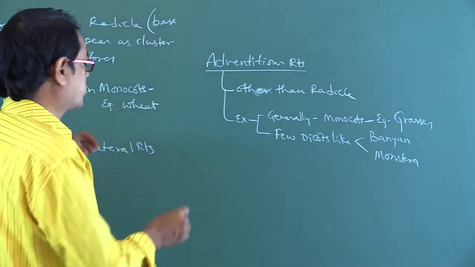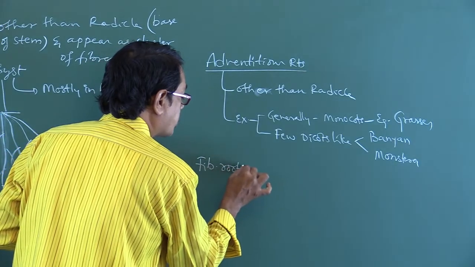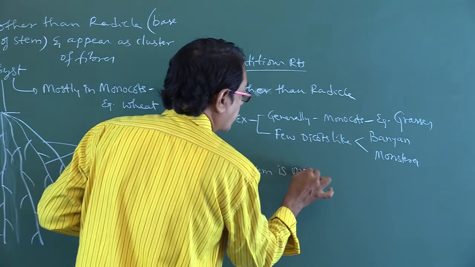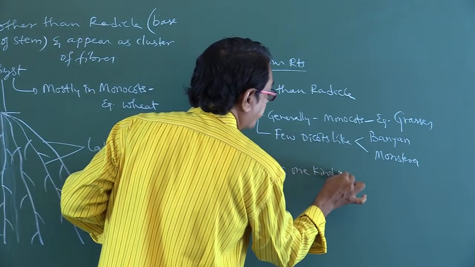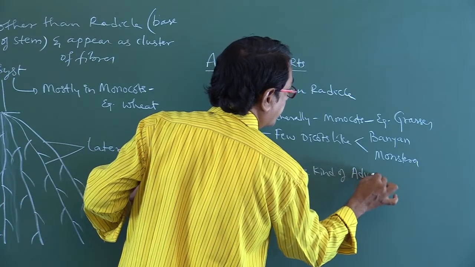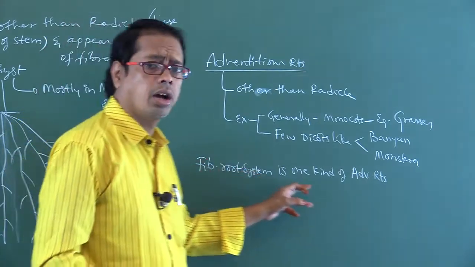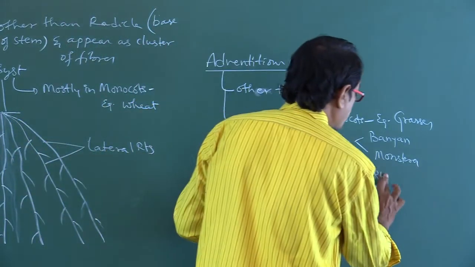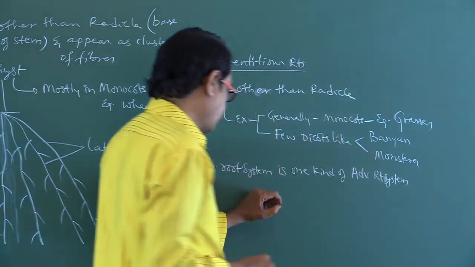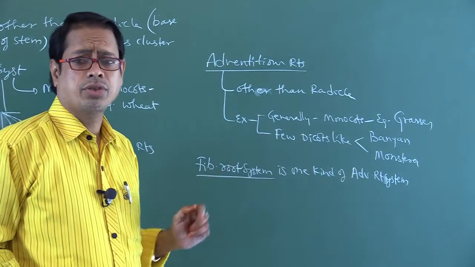The fibrous root system is one kind of adventitious root system.